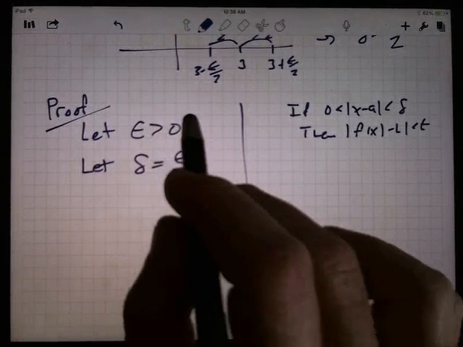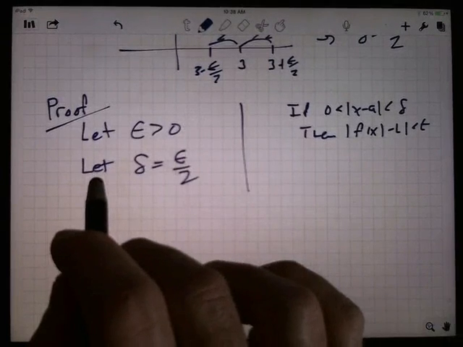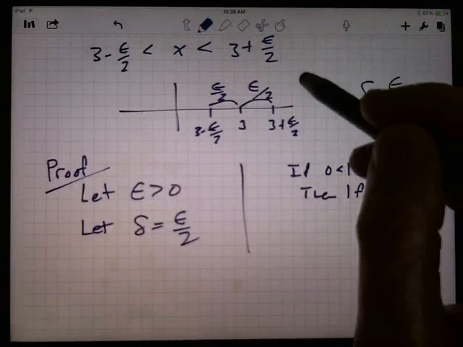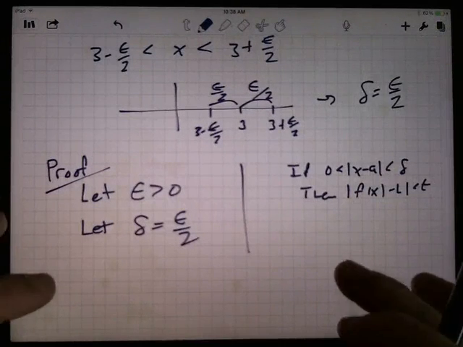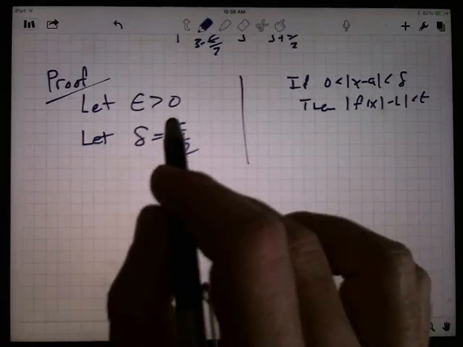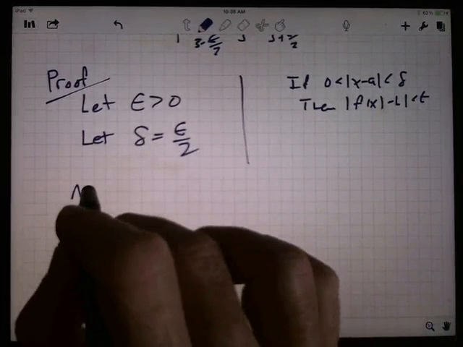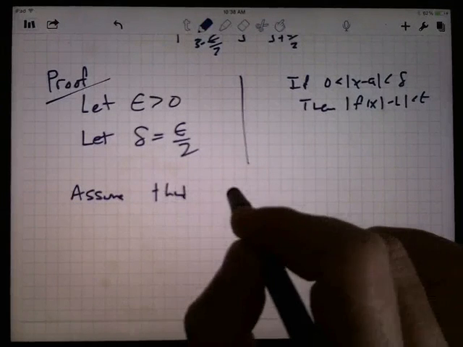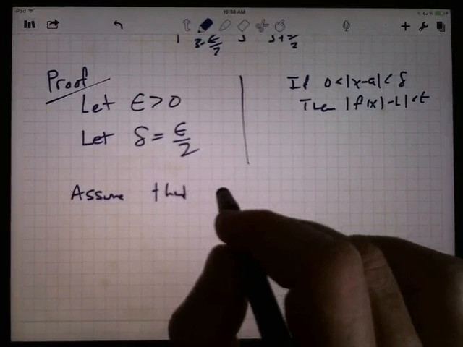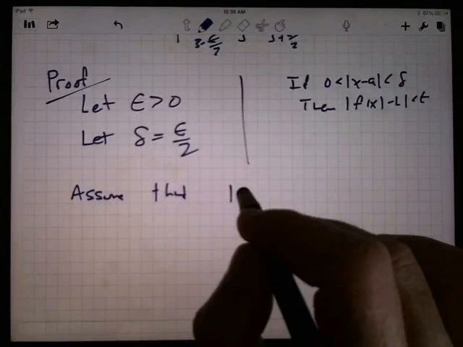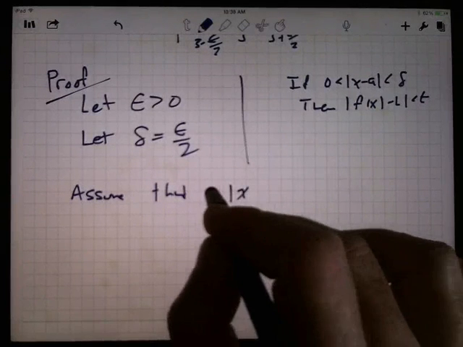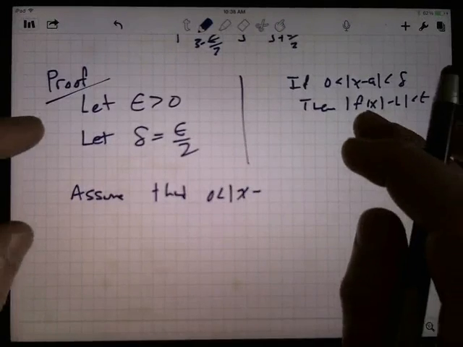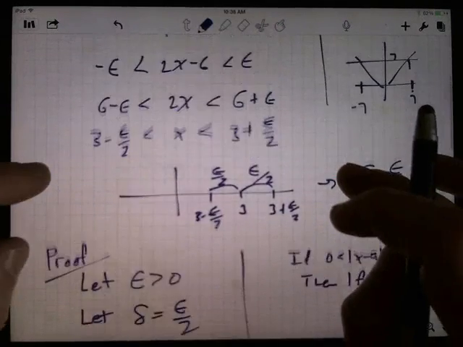My first step of the proof is let epsilon be bigger than 0. Second step is let delta equal whatever I calculated up here. For each function, it's going to be a little different as to what you calculate your delta to be. And then you say, assume that 0 is less than the absolute value of x minus, what am I approaching? 3, right?